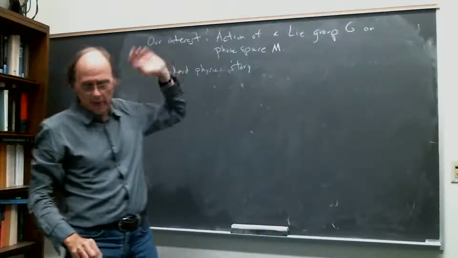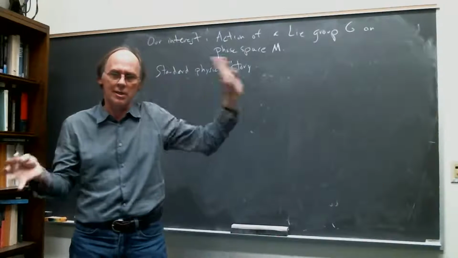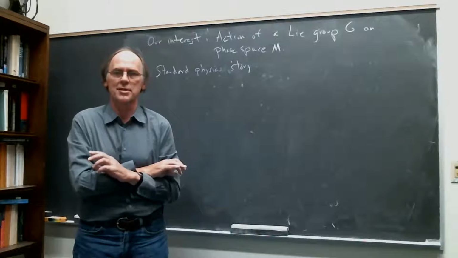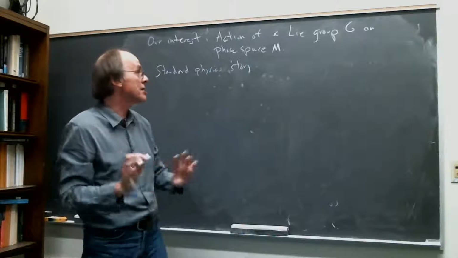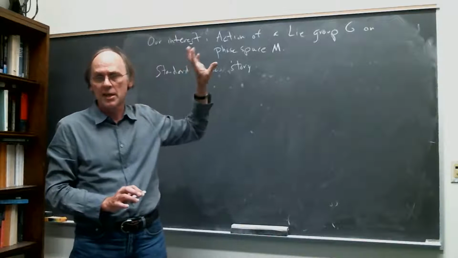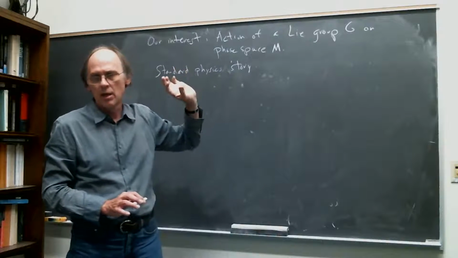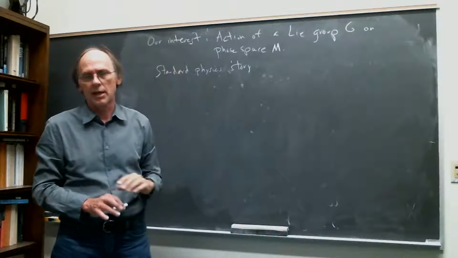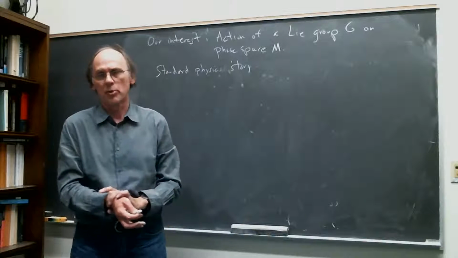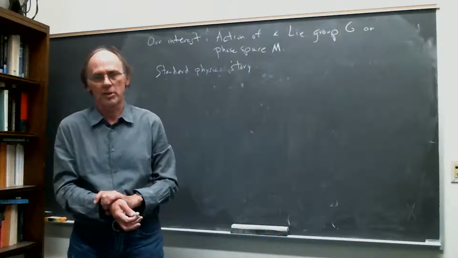I'm intentionally doing things in a different formalism than the usual one physicists use, partly because it's different to do something different, and partly because this actually is in some ways more powerful. It gives you some group actions that you really can't see in the usual physics formalism.